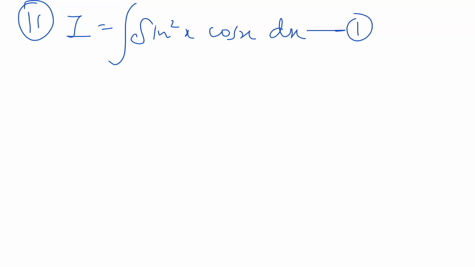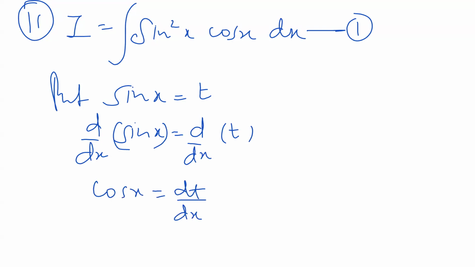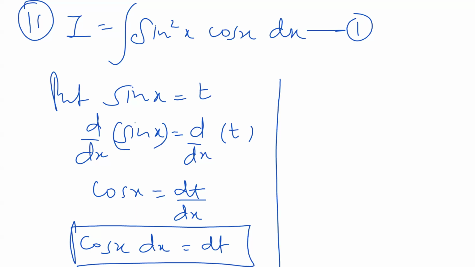So put sin x equal to t. d by dx of sin x equals d by dx of t, so cos x equals dt by dx. Cos x dx is equal to dt.